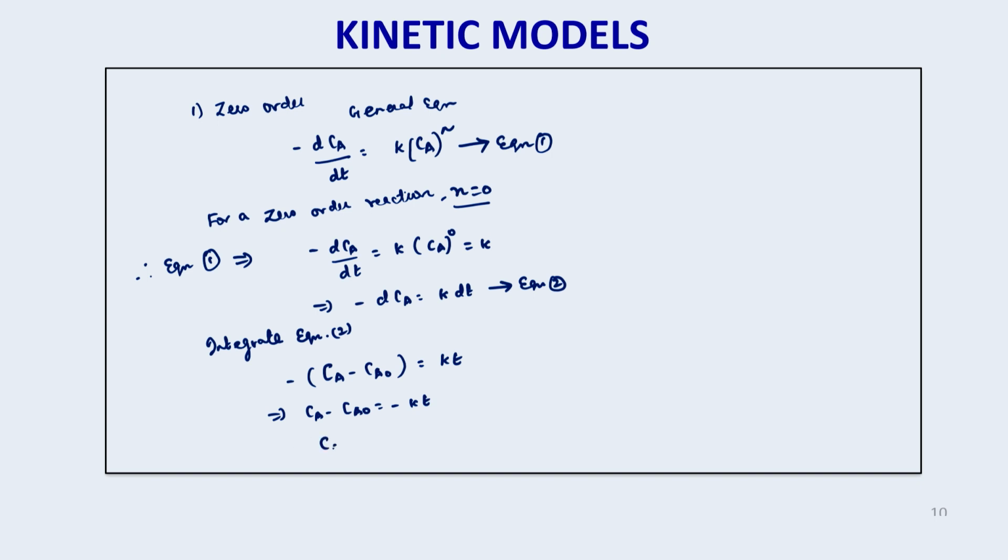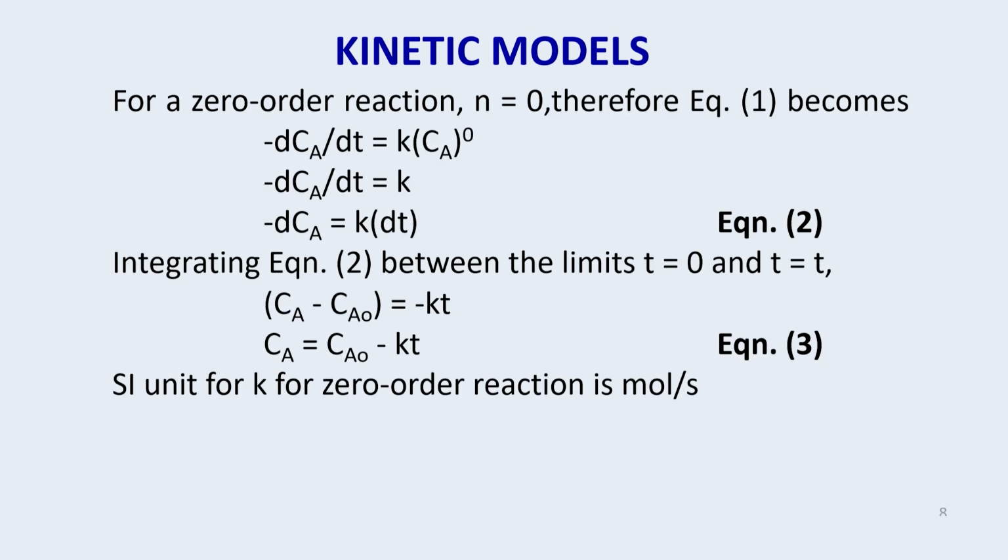From this we can find Ca, which is equal to Ca0 minus kt. So that's what I have got here: Ca equal to Ca0 minus kt. Here I have mentioned the SI unit for K, the reaction rate. SI unit for K for a zero order reaction is moles per second.